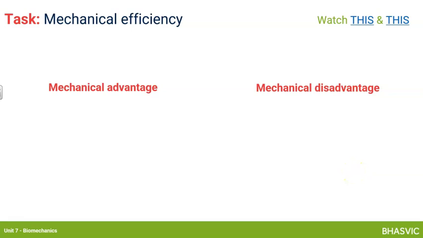We've already looked at what mechanical efficiency refers to, and it's this relationship and organisation of the components of a lever system to figure out whether any given lever system has mechanical advantage or mechanical disadvantage.